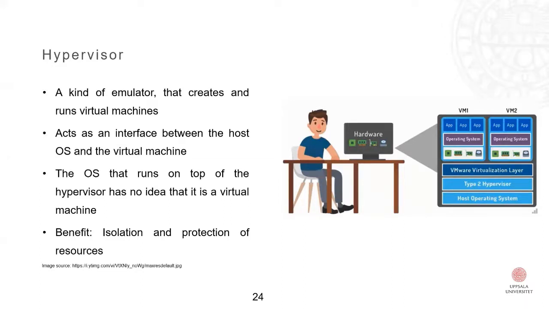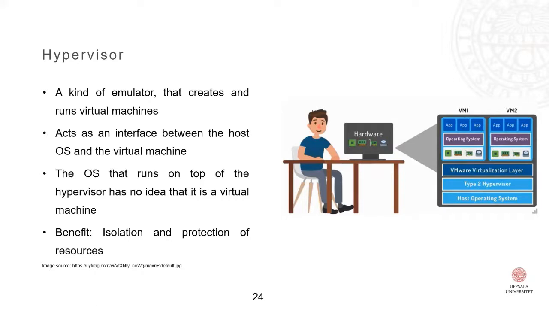The operating systems in the virtual machines run on top of the hypervisor, and they have no idea that they are virtual. To them, it seems that everything is real.